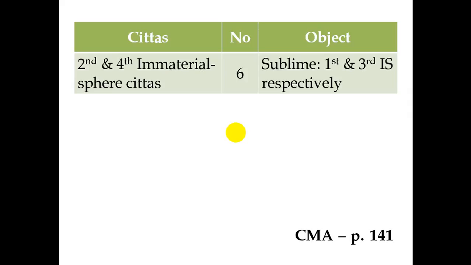If that kasina does not run away or disappear, then you meditate on it, right? Then if you have 5 jhana factors, you attain the first jhana, the first material jhana. If you can overcome vitakka, second jhana. If you can overcome vicara, third jhana.